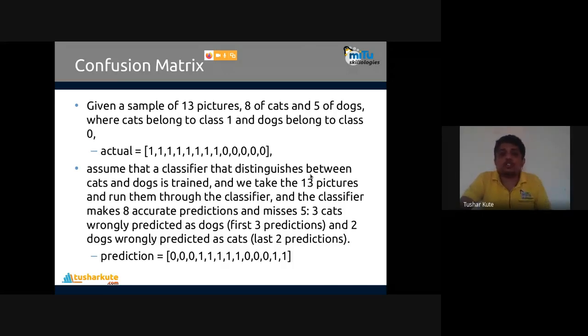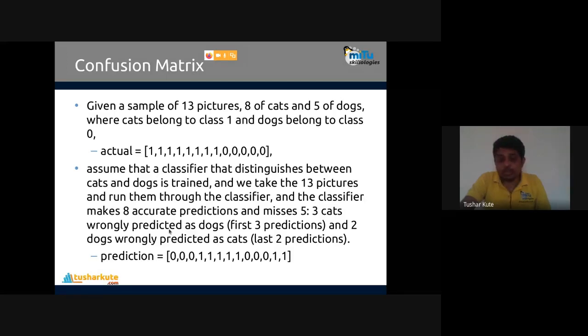So the classifier that distinguishes between cats and dogs is trained. We take 13 new pictures, remember, and run them through the classifier, and the classifier makes predictions like this. The first picture was a cat, but the algorithm predicted dog.